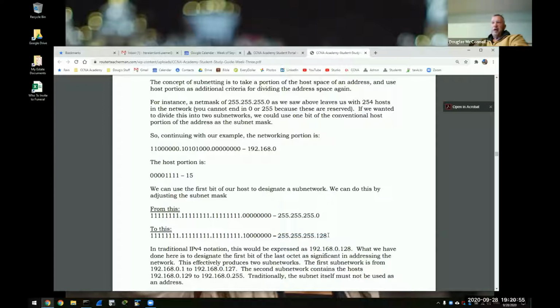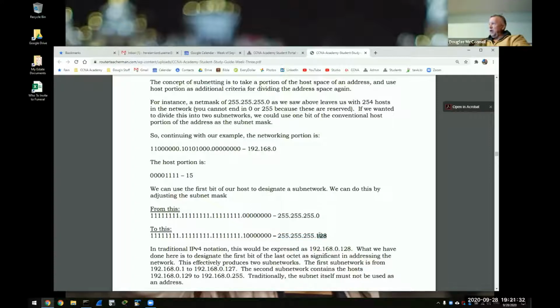So we've actually made the host portion smaller, by changing the network bits just by 1. So by turning this bit on right here, we've taken this network portion and we've just cut it in half.